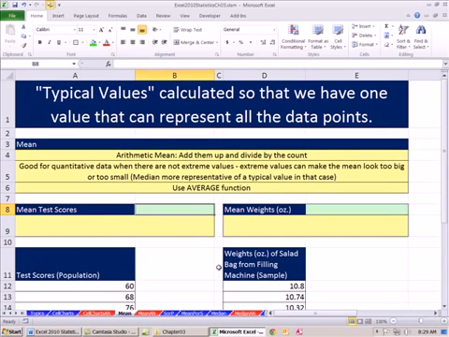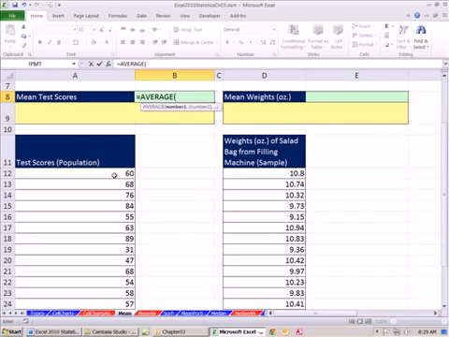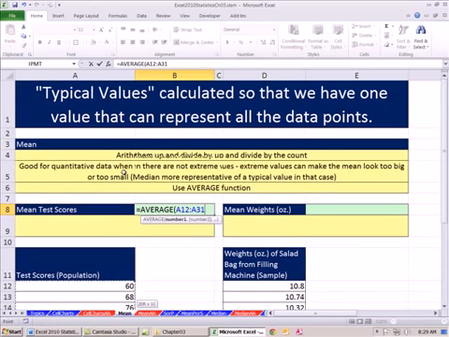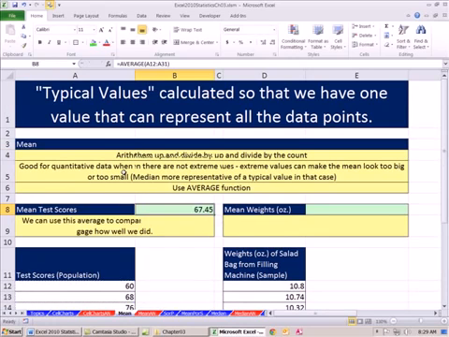All right, let's calculate our mean test scores, average. I create my formula, click there, Control Shift Down Arrow, and then Control Enter. So 67.45. The teacher comes in and says the average on test number 2 on probability is 67.45.